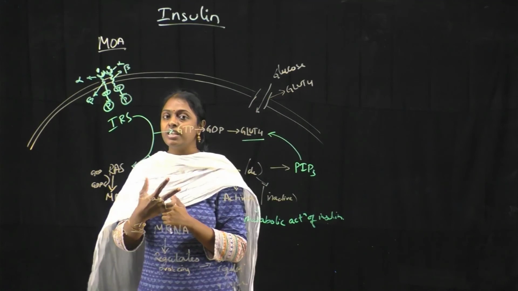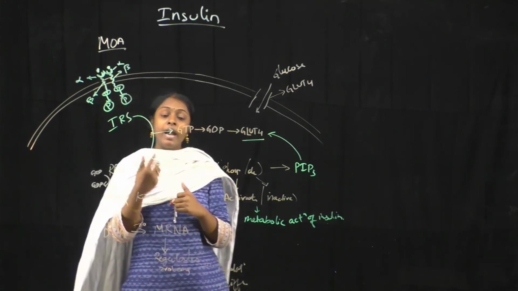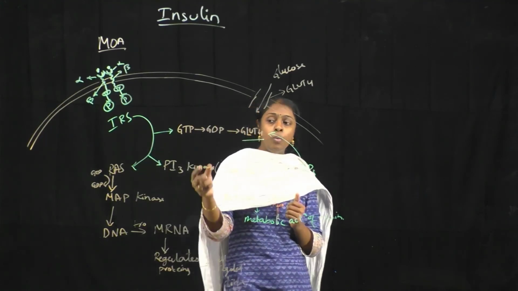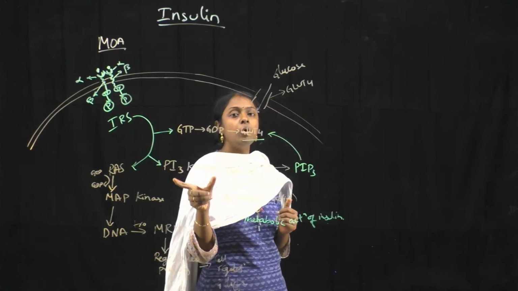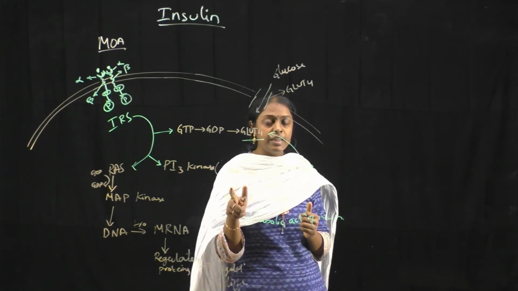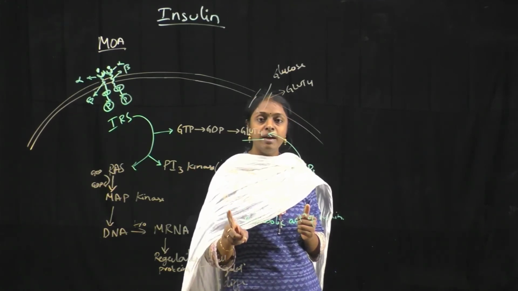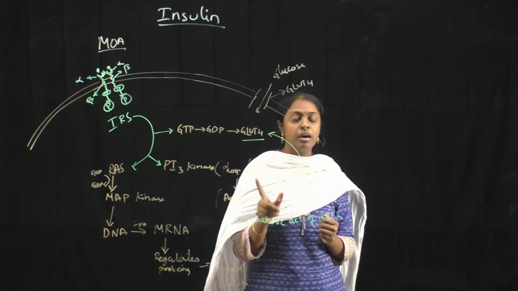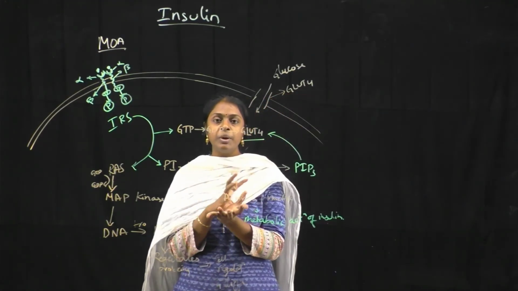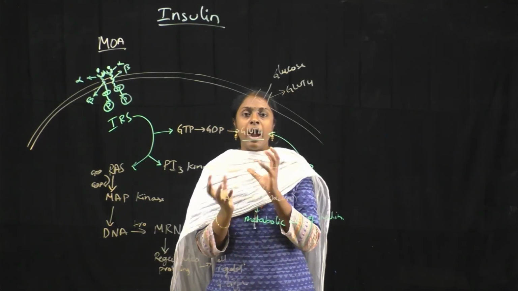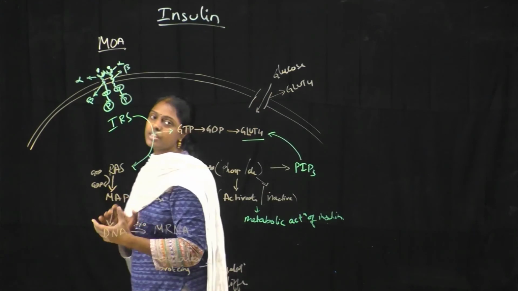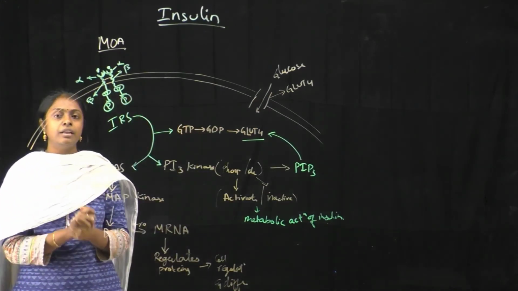And the next function is, it will activate this IP3 kinase. When it is phosphorylated, you will have an activation effect. When it is dephosphorylated, it will show an inactivated effect. It is activating the metabolic action of insulin. And the third function is it will also activate RAS.